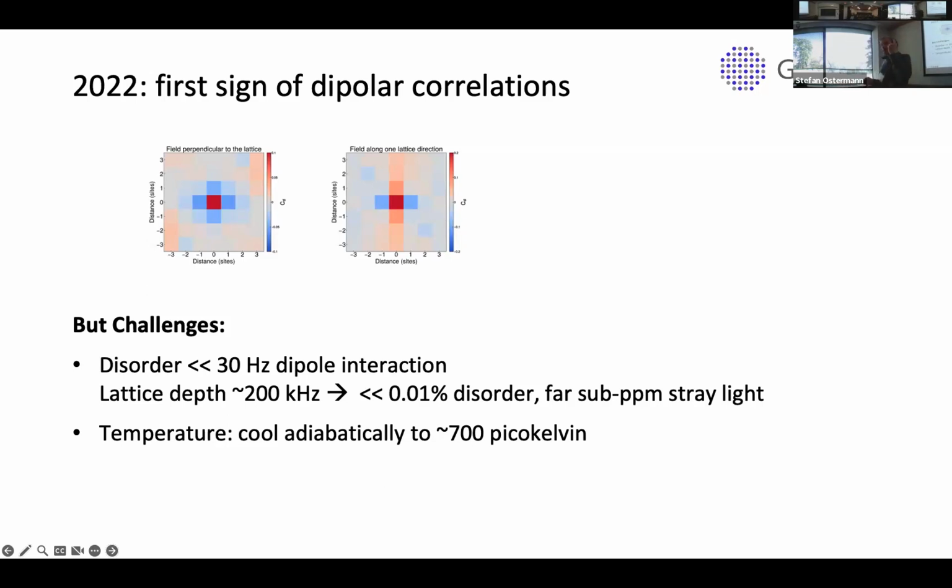We have a whole good objective to send a standing wave through there, but we were also a bit unlucky because the reflection at the window then hits the objective again, and that reflects back and focuses onto the atoms. But then even the amount of such light that gets reflected and shown onto the atoms has to be far sub-ppm to not cause disorder that is on that order of magnitude.